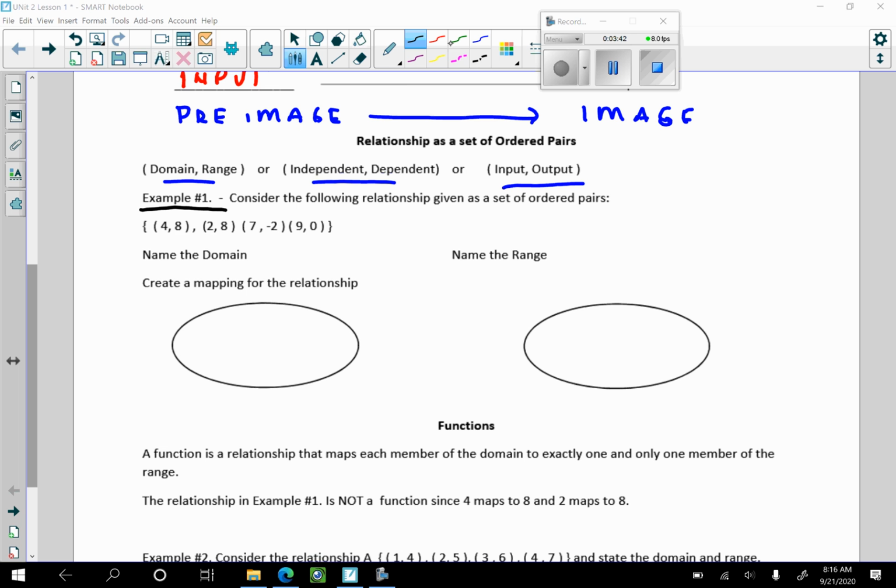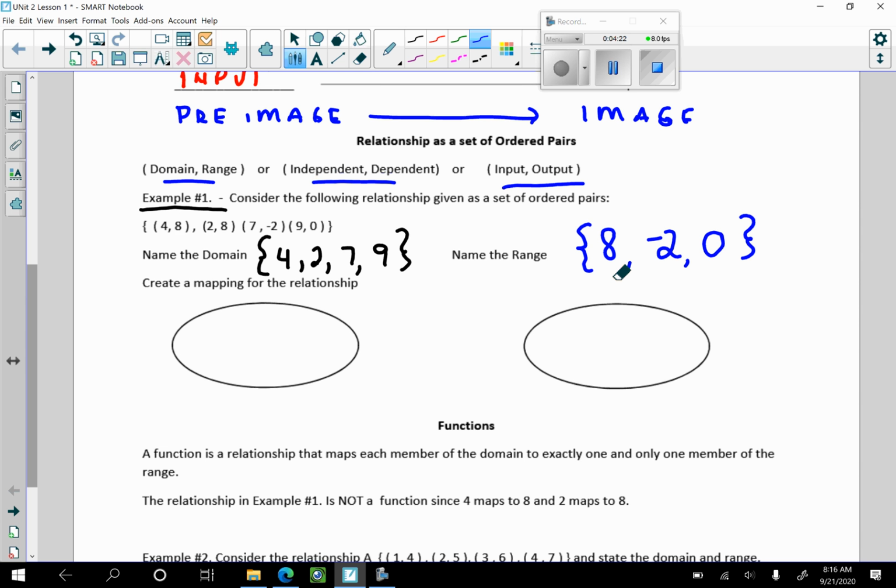So the domain, in set braces, is 4, 2, 7, 9. There are 4 elements in the domain, and in the range, there's going to be an 8. I don't want to write the 8 twice, because 8 is 8, a -2, and a 0. And those are the 3 values in the range.